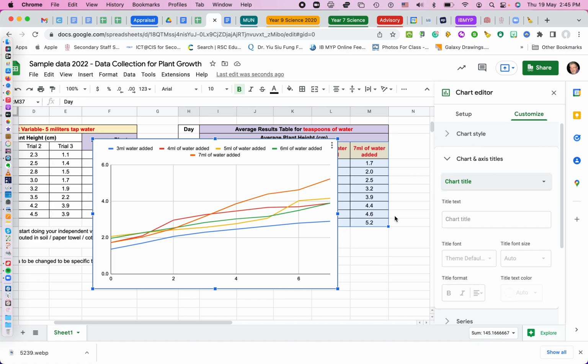Now I'm going to go through the first thing. What is a good title? Now, saying days versus height is not really what we want. So how do we say how the height of, now we were using mung beans.